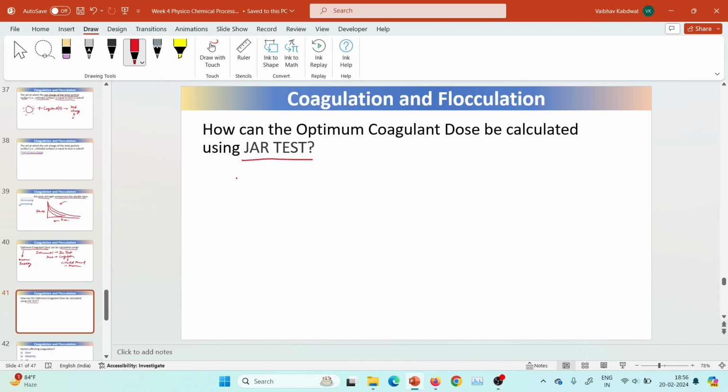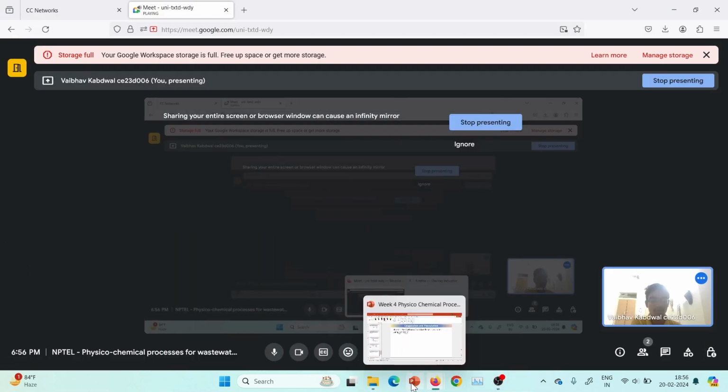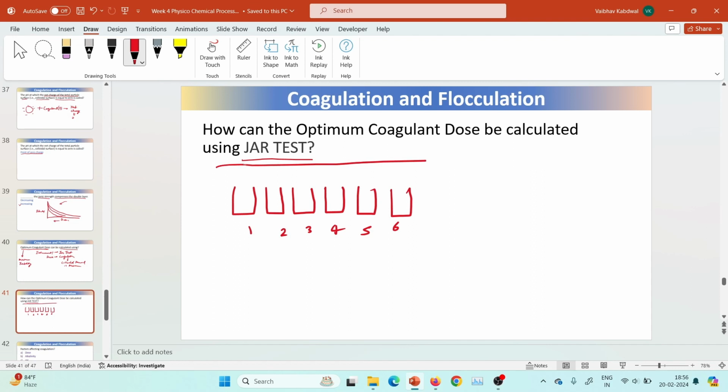The jar test is a setup which generally consists of 6 beakers: one, two, three, four, five, six, and it has an assembly to mix them. I'm writing the step-by-step process.